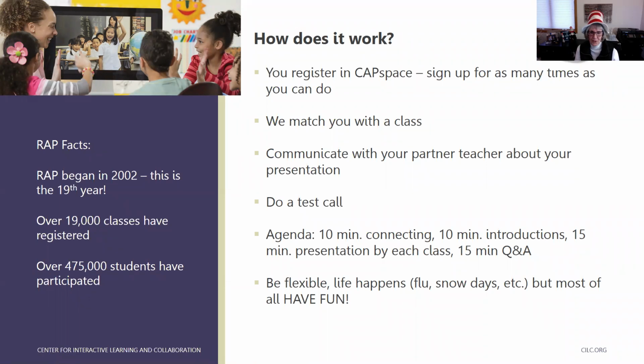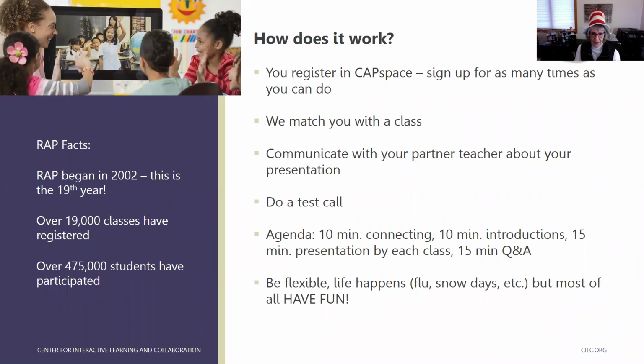And it was in 2006 that we changed the name to Read Around the Planet so we could include anybody who wanted to participate. In the 19 years, we've had over 19,000 classes registered. And if you round that up to about 25 students per class, over 475,000 students have participated. So pretty amazing.